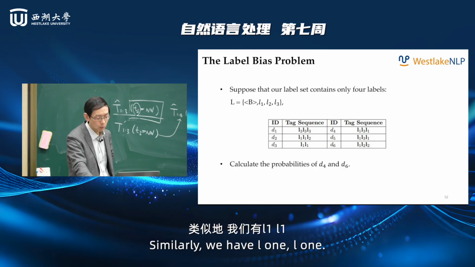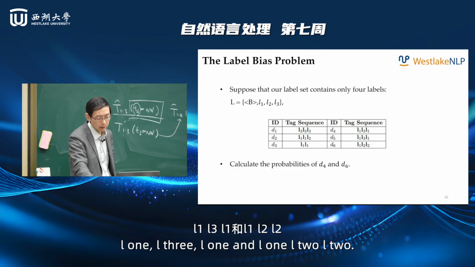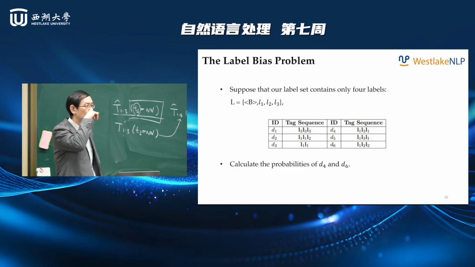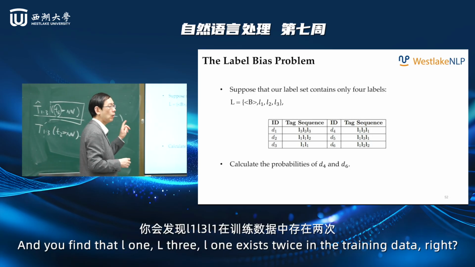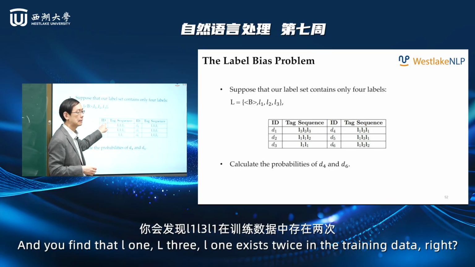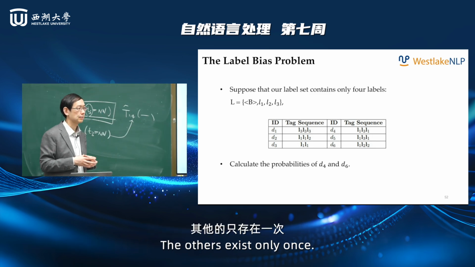Similarly, we have L1, L1, L1, then L3, L1, L1, then L3, L1, and L1, L2, L2. And you find that L1, L3, L1 exists twice in the training data, right? The others exist only once.